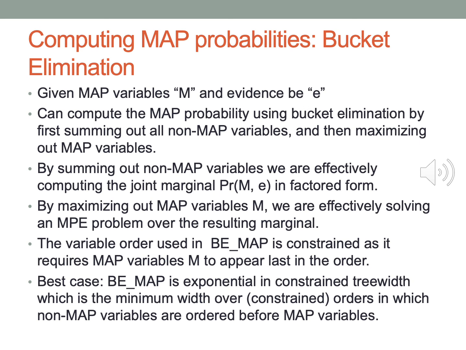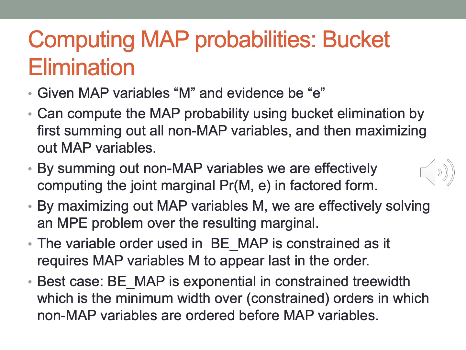To make things more concrete, let's say that the MAP variables are denoted by M and the evidence is denoted by E. When we sum out the non-MAP variables given evidence, we are effectively computing the marginal probability distribution over M and E. And remember that this distribution is going to be in a factored form.